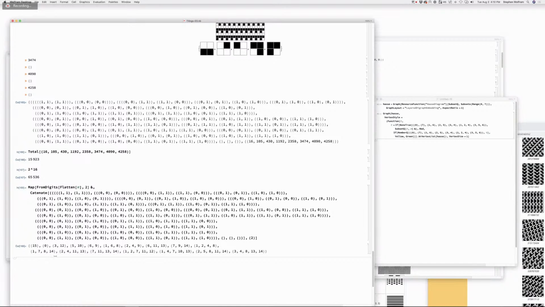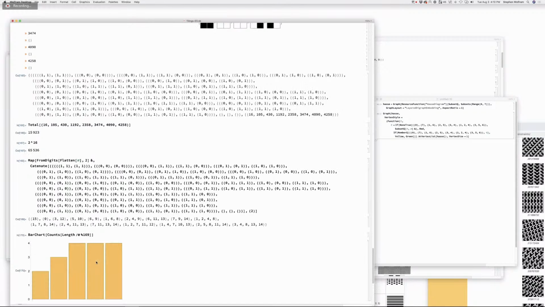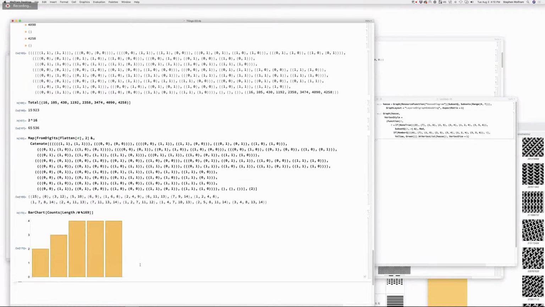The very naive thing we could do here is to just say counts length slash at that, and then make a bar chart. That shows the number of minimal tile sets of successively greater length.